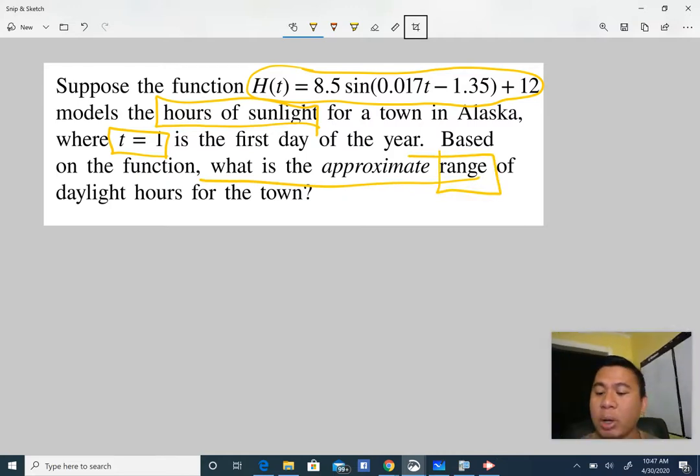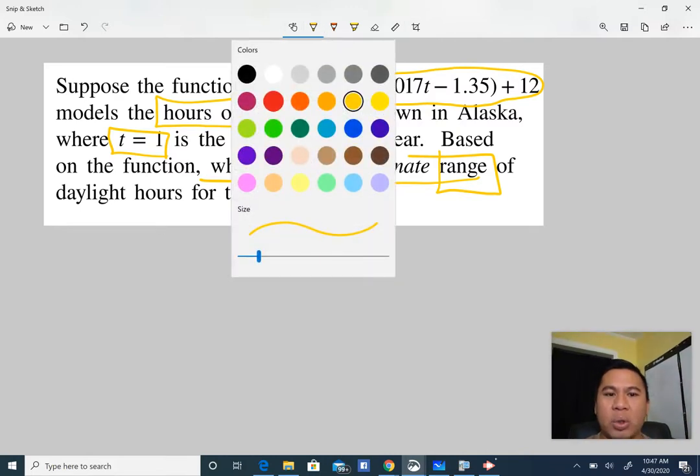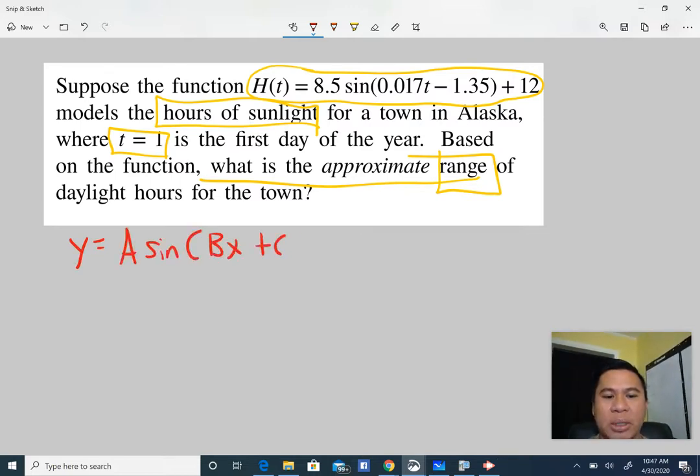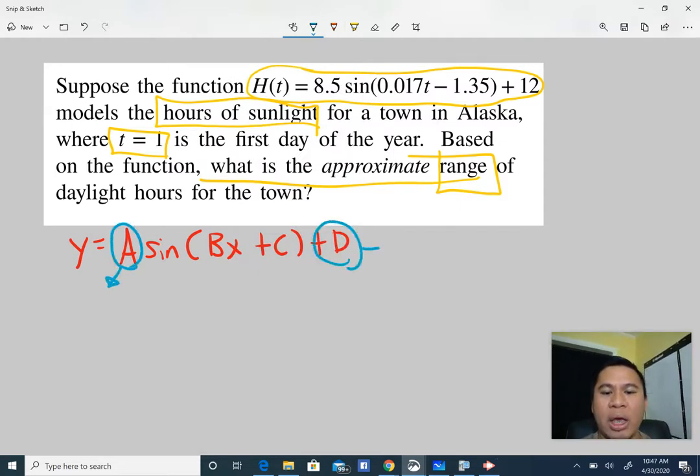So again, when you talk about the range, we're talking about what the minimum and the maximum values are. With that being said, we can first consider the formula y is equal to a sine(bx plus c) plus d. And once again, in here, we only have two components that have the maximum and the minimum values.